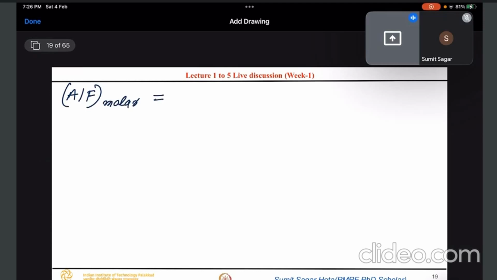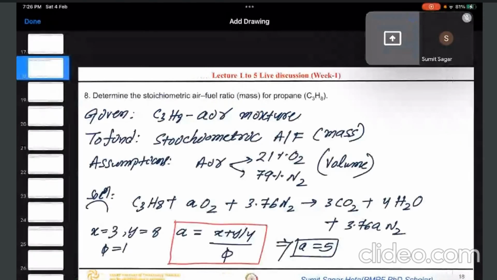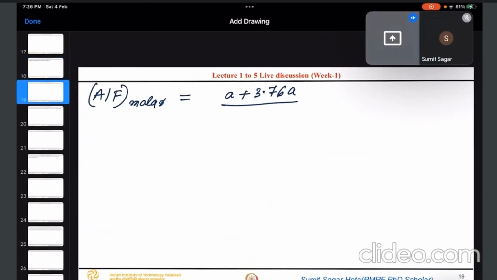If you don't know, it is also very simple. What is a plus 3.76a? This is the number of moles of air. You can easily see here that the number of moles of air is a plus 3.76 times a.